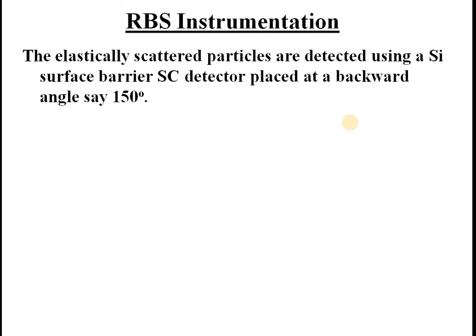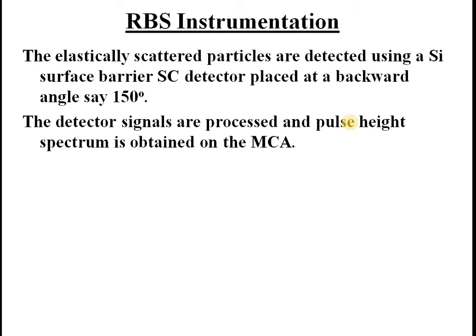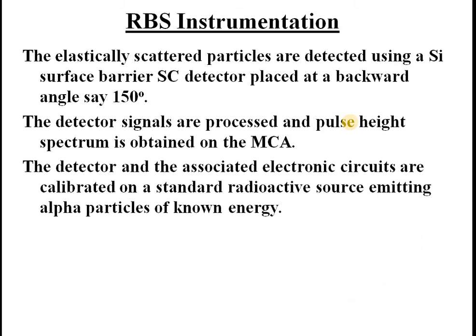Elastically scattered particles are detected using a silicon surface barrier detector. That is a typical procedure that we are well aware of. Detected signals are processed, and a pulse height spectrum is obtained on a multi-channel analyzer. The detector and the associated electronic circuits are calibrated using a standard radioactive source which emits alpha particles. Calibration is done to standardize the device, because we should know for a particular energy projectile where the spectrum should be formed.